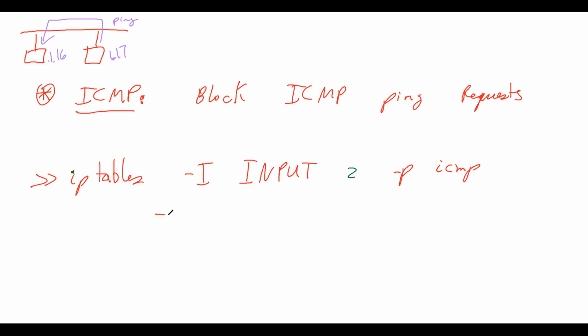Then you can specify --icmp-type, and then you can say echo-request, or echo-reply. There might be a subtle difference, so you have to think about that, and then -j DROP. So here's another rule for us to implement.